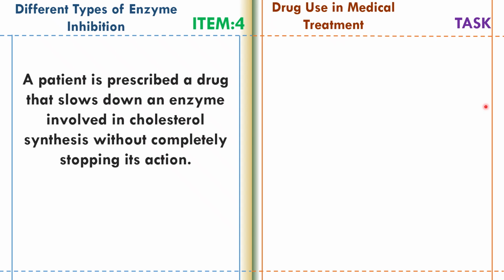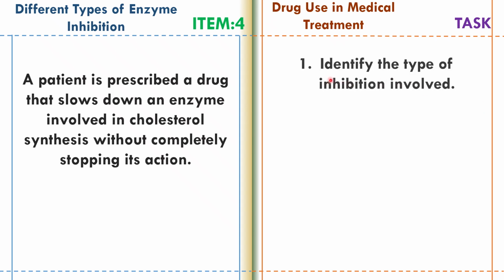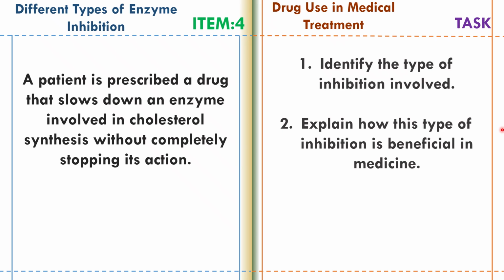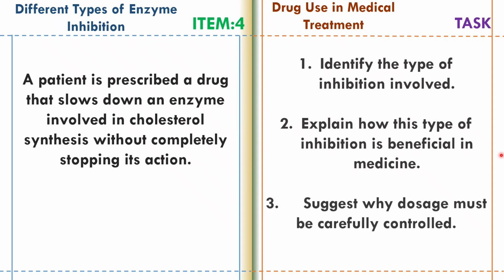Task: identify the type of inhibition involved. Explain how this type of inhibition is beneficial in medicine. Suggest why dosage must be carefully controlled.